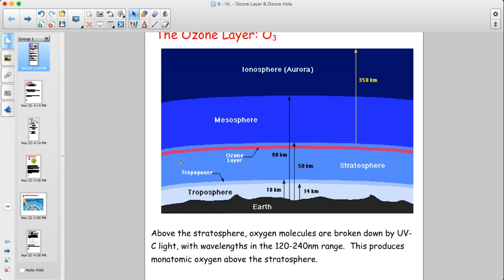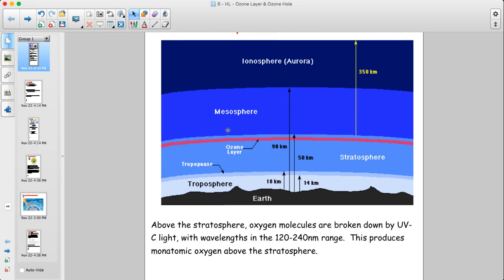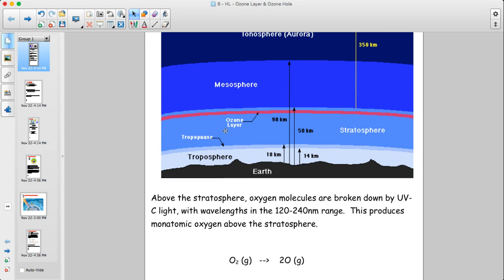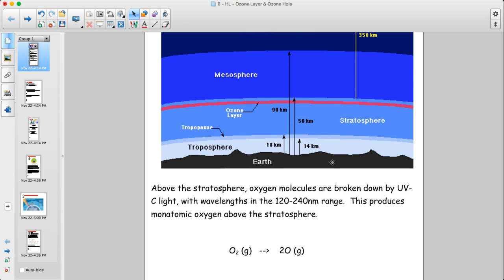As UV light comes in from outer space, from the sun, and is traveling towards us, it starts to collide with molecules. Pretty much all of the UVC light gets taken out of existence by oxygen molecules before it ever gets to Earth, which is a good thing, because UVC light is the highest energy kind of UV light. It would cause a lot of damage to us and other living things if it made it all the way through the atmosphere.